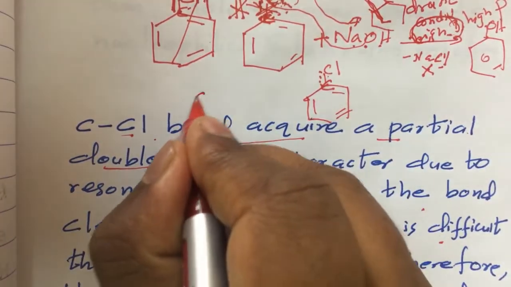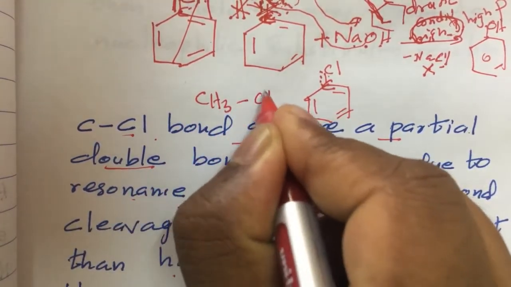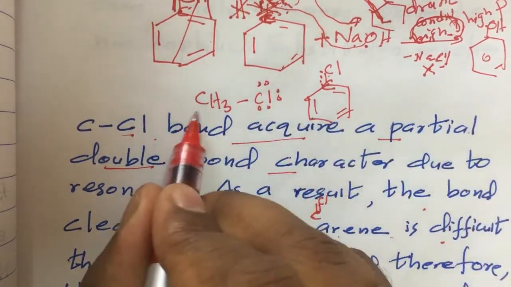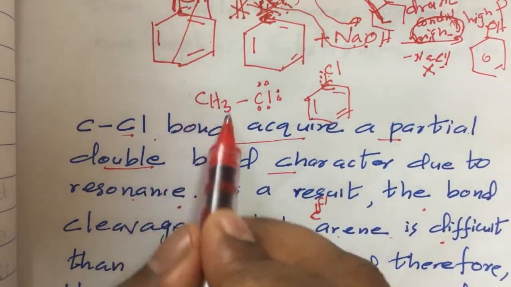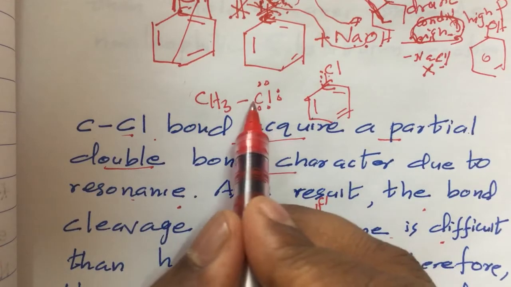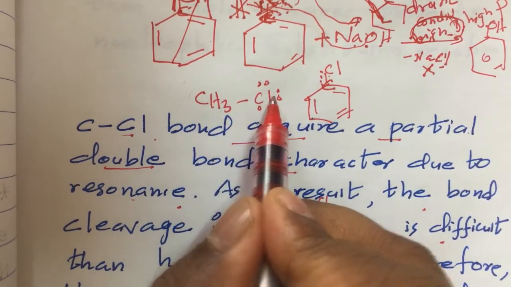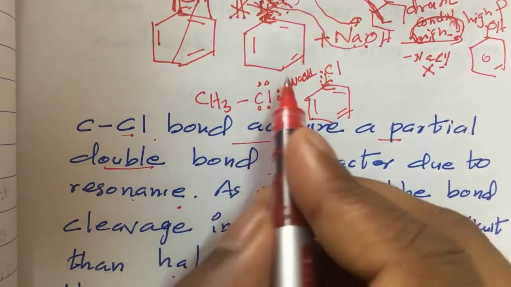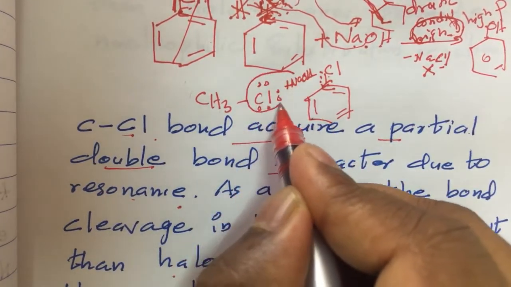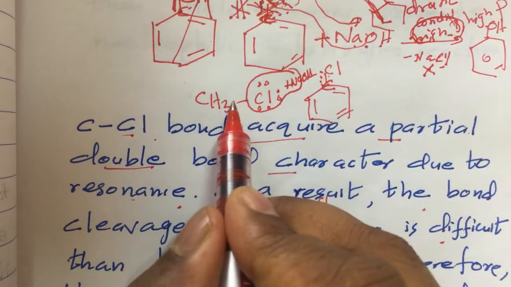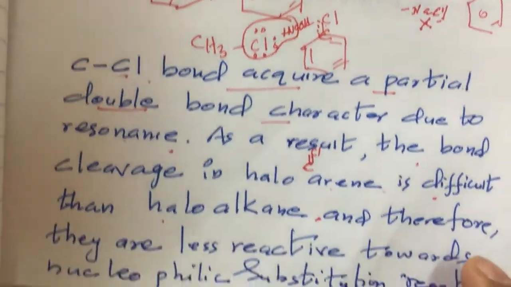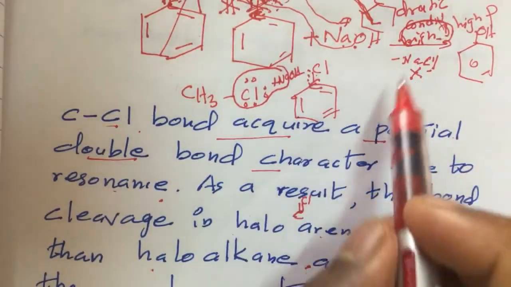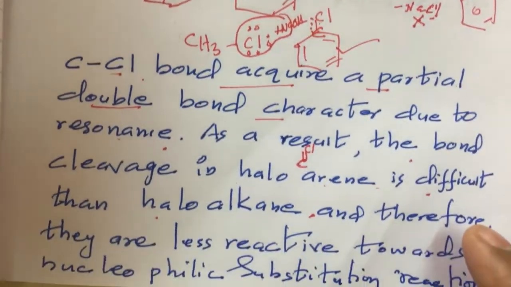Listen students, in haloalkane, there is no resonance. There is no benzene ring, only alkyl group. So here there is no partial double bond character. So when you add NaOH, OH can easily replace Cl, because there is no double bond character in haloalkane. Double bond character is only possible in haloarene.